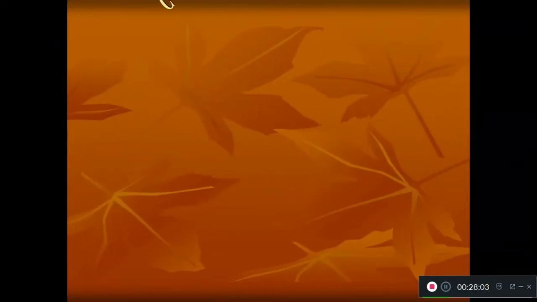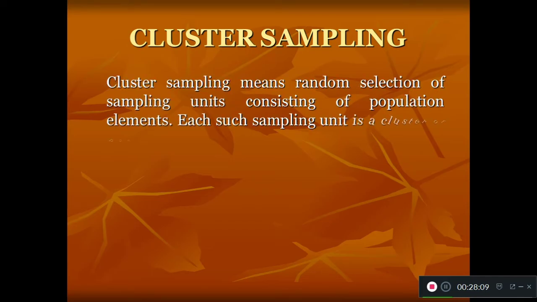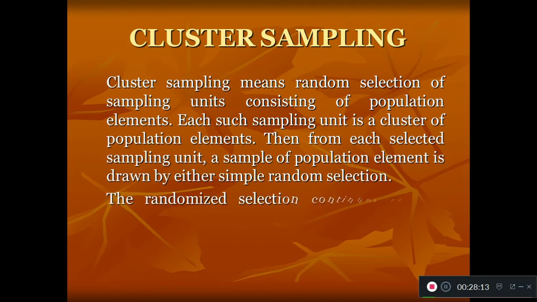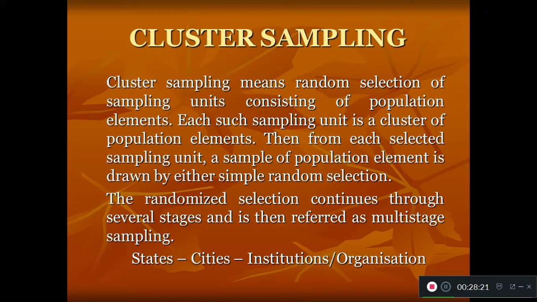The next method is cluster sampling technique. Cluster sampling technique also comes under probability sampling technique. So here the sampling unit, what we are doing, cluster sampling means random selection of sampling units consisting of population elements.